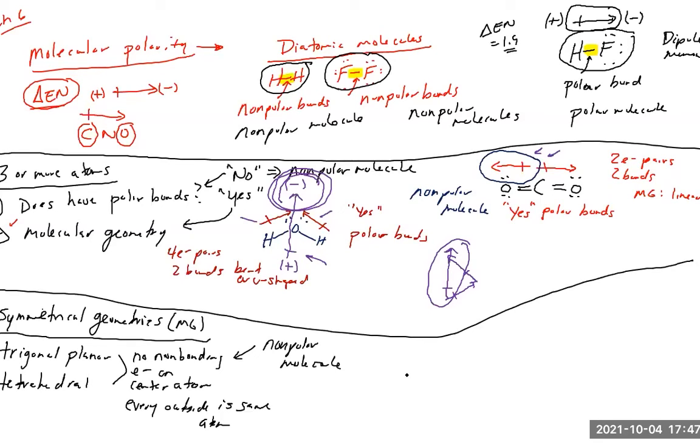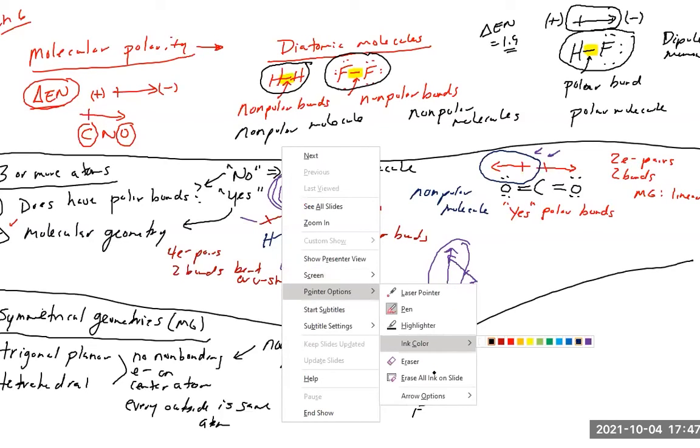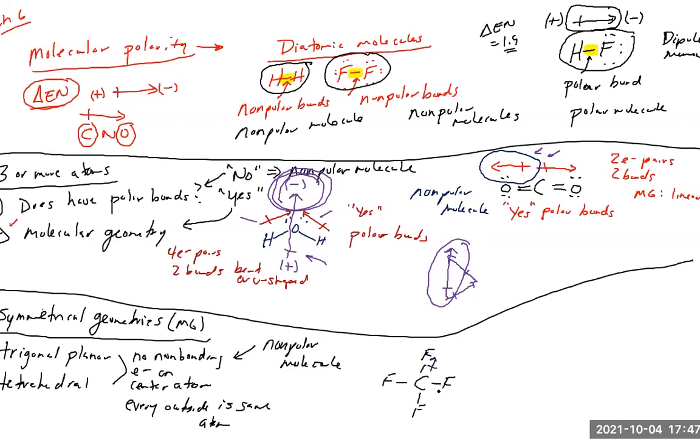So for example, if we draw this guy here and we look at it, between carbon and fluorine, fluorine is more electronegative. And we would have definitely polar bonds in this case, heading towards the fluorines.